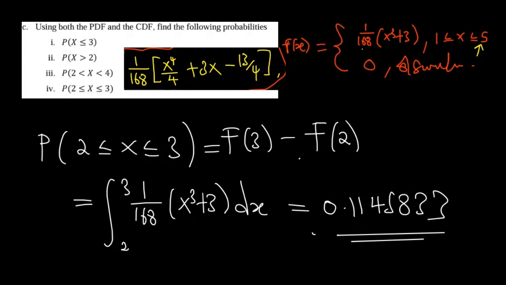We'll move on to the expectations and the variance. Here they're saying find the expected value of x. Remember, our defined PDF was 1 over 168 times x to the power 3 plus 3, for the interval 1 all the way up to 5, and elsewhere it was just 0.